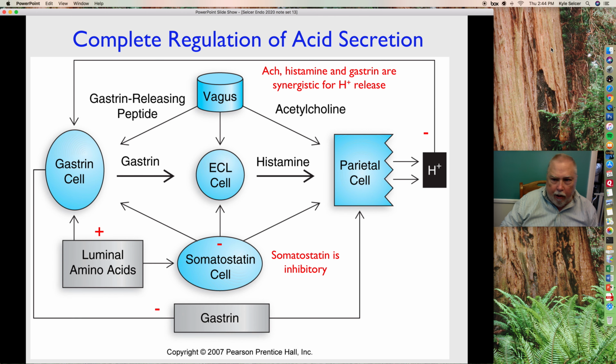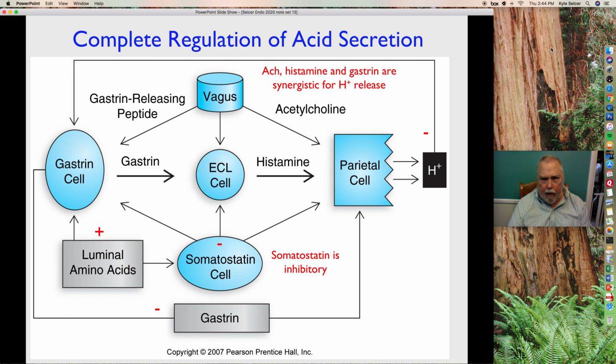Now, regulation of stomach acid is huge. I mean, we're talking about blockbuster drugs. Antacids are blockbuster drugs. So for the longest time, our antacids were bicarbonate. You would just mix some bicarbonate and water, and that would be an antacid. And then they finally figured out that histamine secretion had a role in that, and they started making histamine blockers.